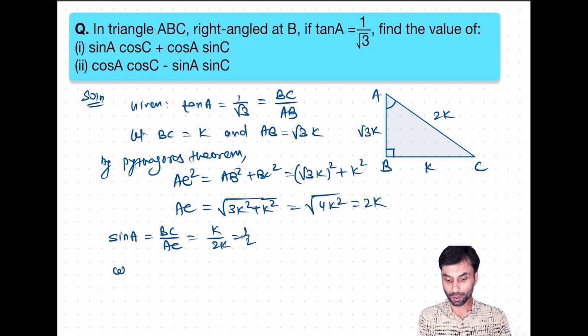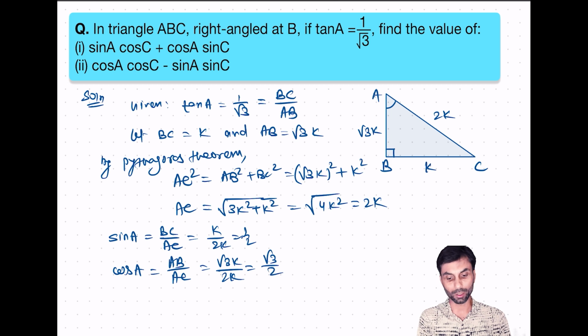Then cos of angle A will be equal to adjacent AB upon hypotenuse AC, we'll get root 3K upon 2K, which will be root 3 upon 2. Then the value of sin C will be opposite AB upon hypotenuse AC, that will be root 3K upon 2K, which is root 3 upon 2.